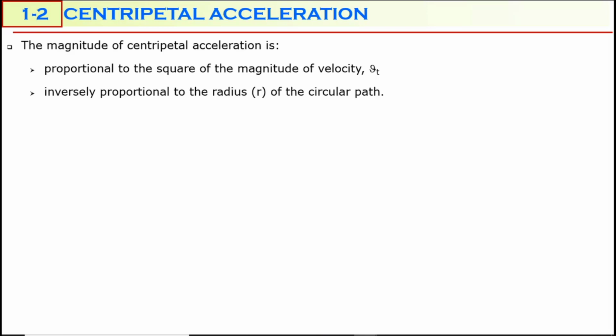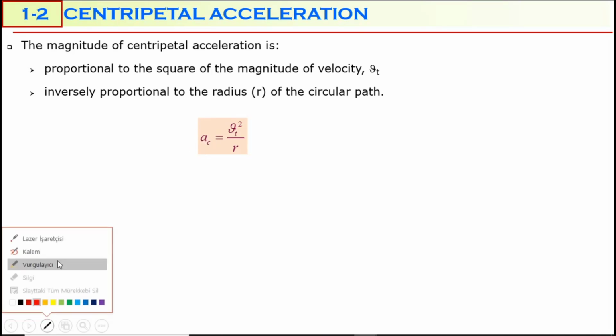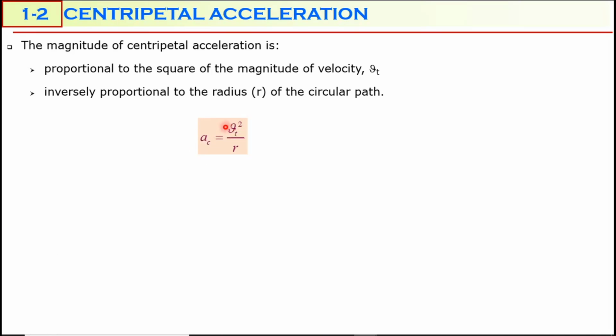That is why centripetal acceleration's magnitude is proportional to the magnitude of velocity squared. It is inversely proportional to the radius of the circular path, and that is why this equation says centripetal acceleration is proportional to the square of the speed. When you increase your speed on the circular path, centripetal acceleration increases.